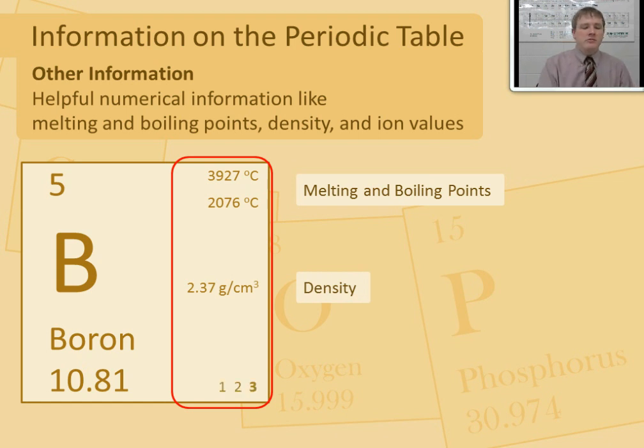And then you also may see numbers that show possible ions that that element might form. So atoms of boron might form 1+ or 2+ ions, but because the 3 is in bold, most of the time they form 3+ ions. This is the information that you can find about each individual type of atom on the periodic table.